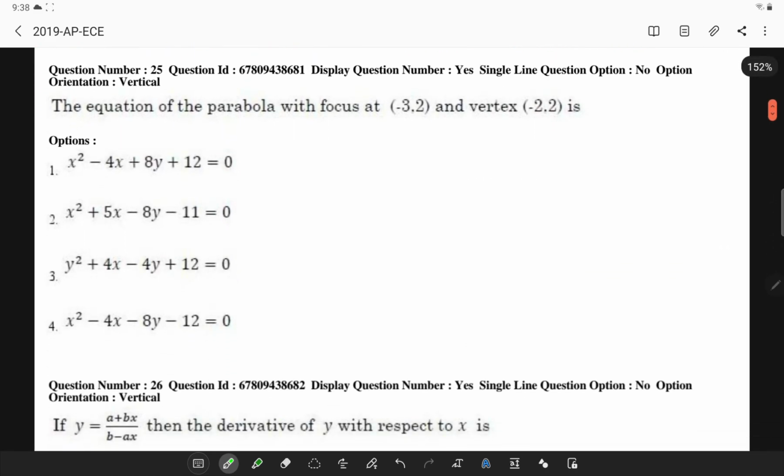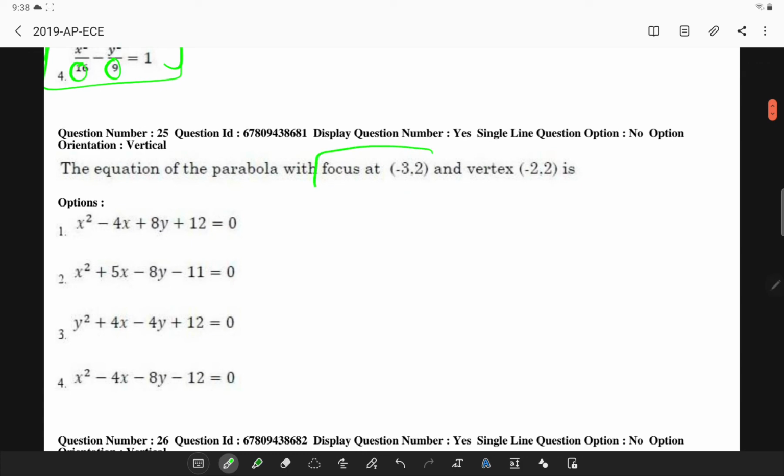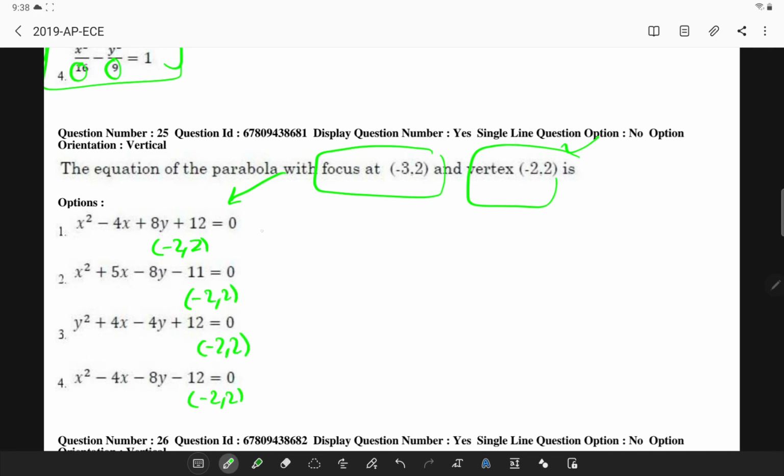So the next question is again to find the equation of the parabola with focus and vertex. In this case also we try to substitute the value of the vertex in the equations. If I substitute minus 2 comma 2 in any of the equations, whichever fits is our solution. In this option it is minus 2 whole square minus 4 into minus 2 plus 8 into 2 plus 12. So this value is 40, which is not equal to 0.